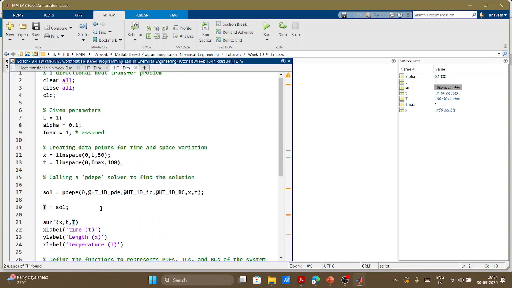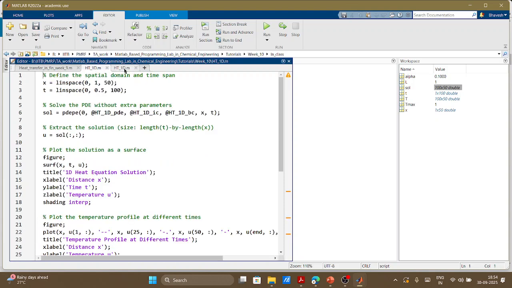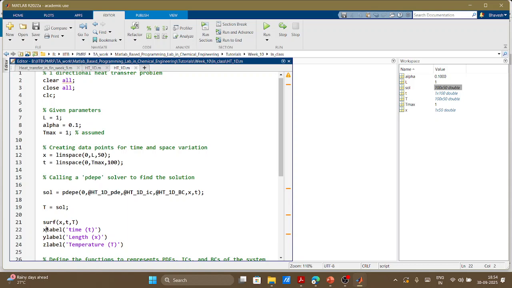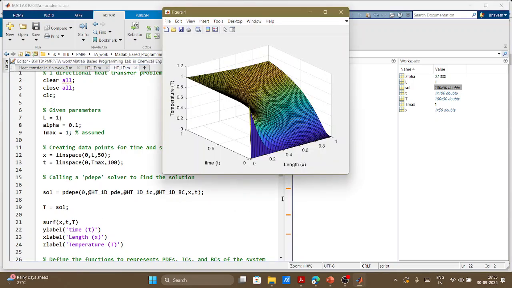Okay, this is different. So yeah, here, sorry, my x variable is time and my x variable is actually distance and y variable is time, and let's run it. So this is how it looks like.